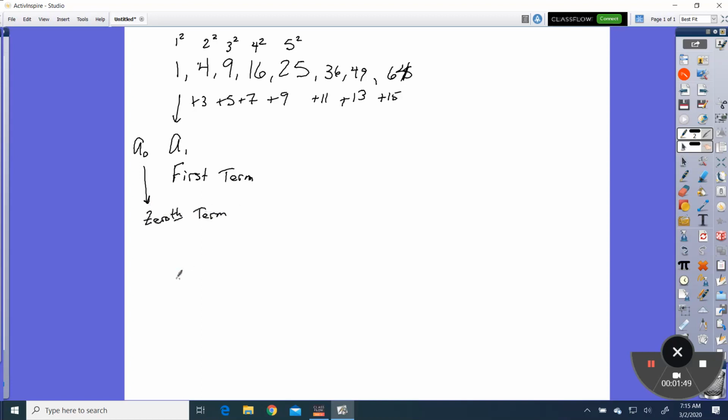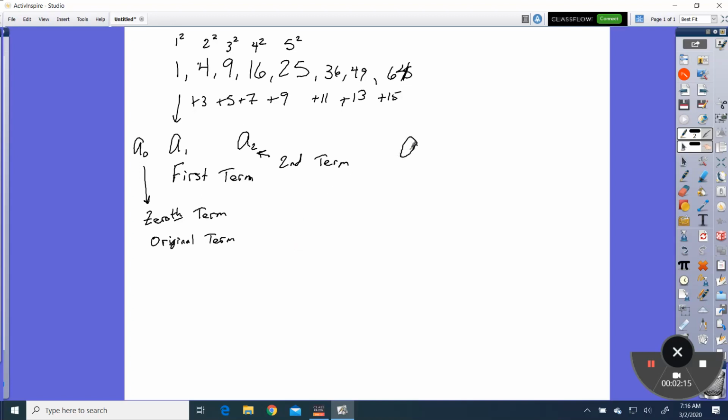So you don't see it very much. Or you'll also see it as like the original term. So A1's the first term, A2 is the second term, and so forth. Does that make sense?